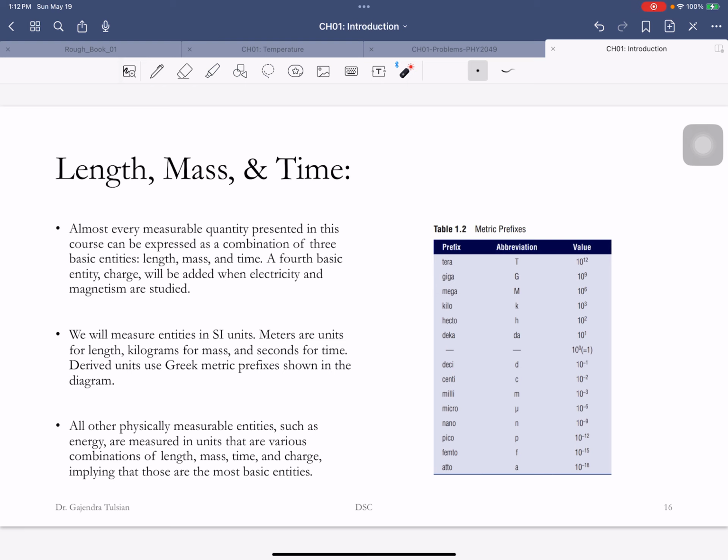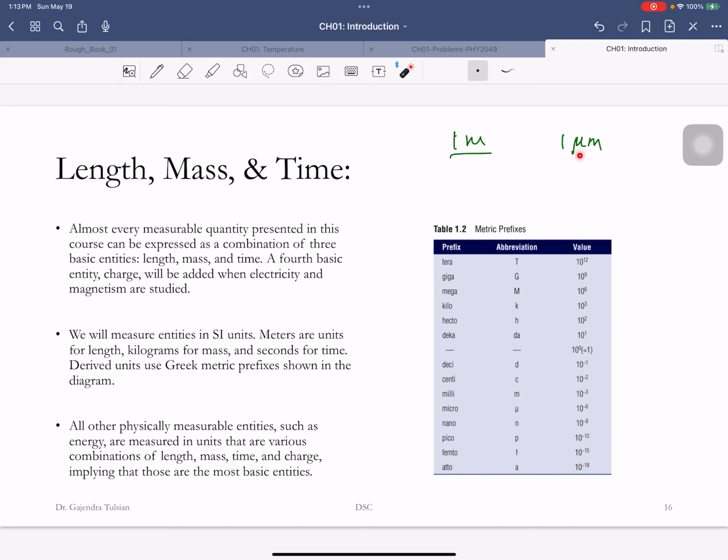Sometimes, for instance, a meter is a little more than a yard. So this unit of length is quite large. If you want to measure the size of a cell, then a meter is not a good unit, but you can derive a unit from the meter. A good unit to measure the size of a cell is 1 micrometer.